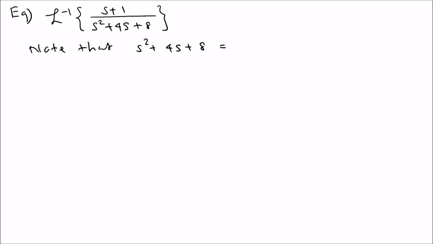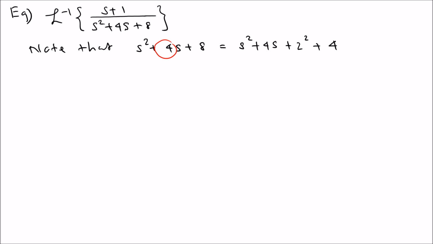How do we do the completing square? What we normally do is we take half of the coefficient, that means 2, and then we square that. So we write this as s squared plus 4s, and then half of the coefficient squared, so 2 squared, and then the rest is 4.